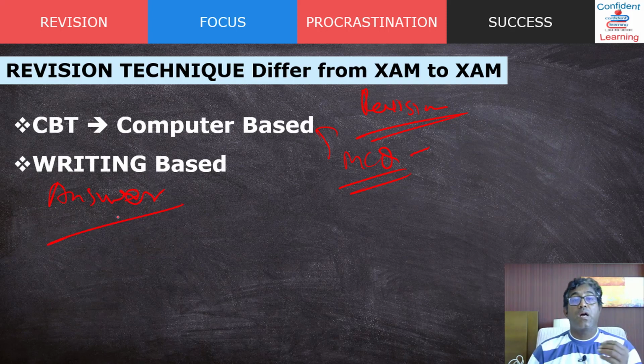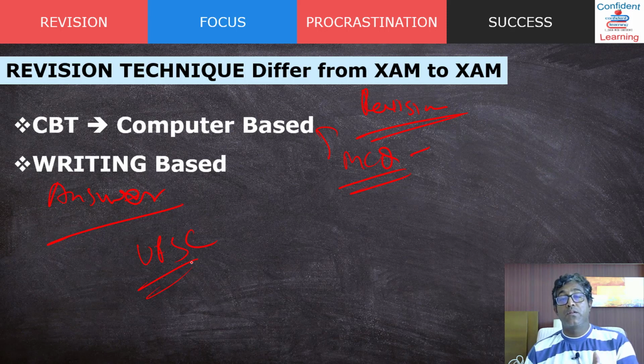Why do we need answer writing practice? If you go into the UPSC exam or any good exam, you need not write everything. Your answer should be very selective, and it should be point wise. If a figure is required, you should draw a wonderful, beautiful figure. You cannot miss anything. It will come by practice. So that's why we need revision for writing based practice also.